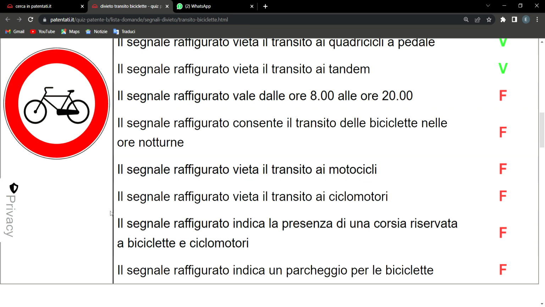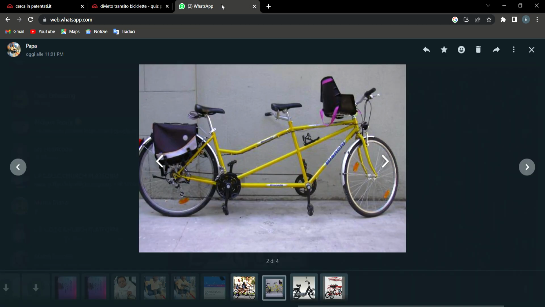Take note of that. So another one again says, il segnale raffigurato vieta il transito ai ciclomotori. So it simply said that this very sign forbids the transit of ciclomotori. I explained something like this to you before.